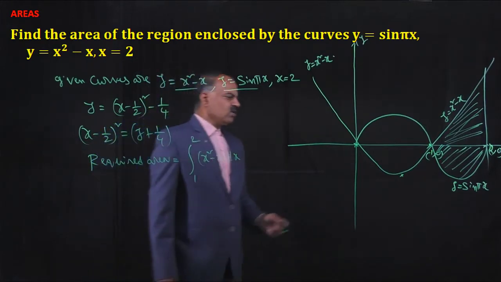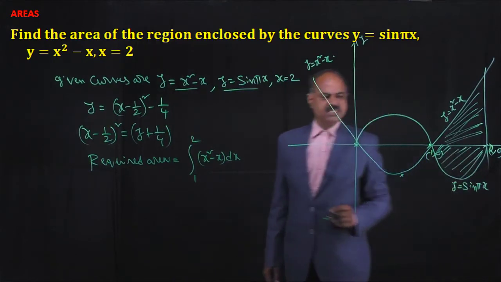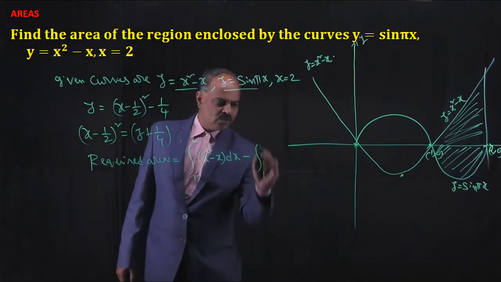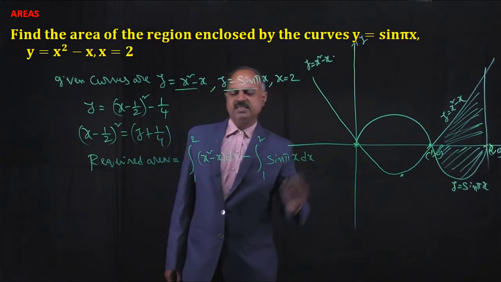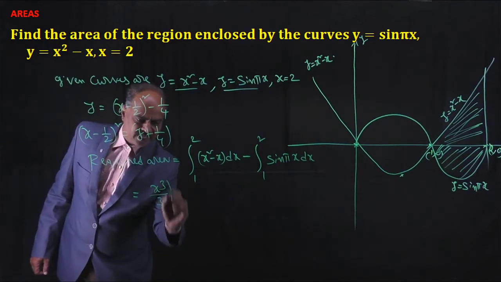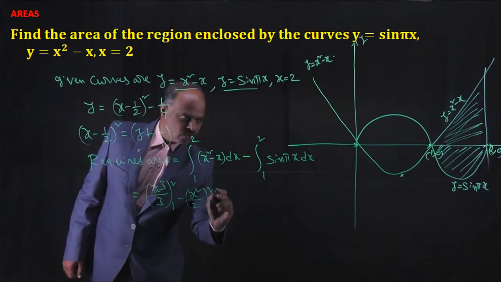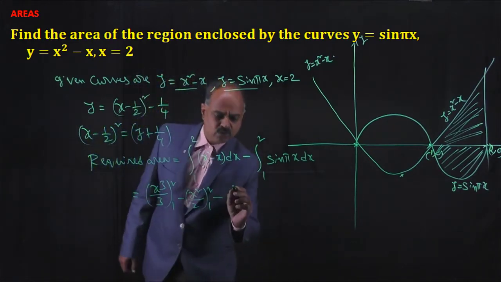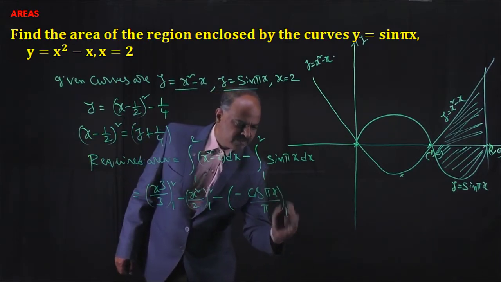So next, the y equal to sin pi x curve in the interval 1 to 2 is below the x-axis. That is why here it is minus the integral from 1 to 2 of sin pi x dx. Now here the integral of x square dx equals x cube by 3 with limits 1 to 2, minus x square by 2 with limits 1 to 2, minus of the integral. We know that the integral of sin pi x dx equals minus cos pi x by pi with limits 1 to 2.